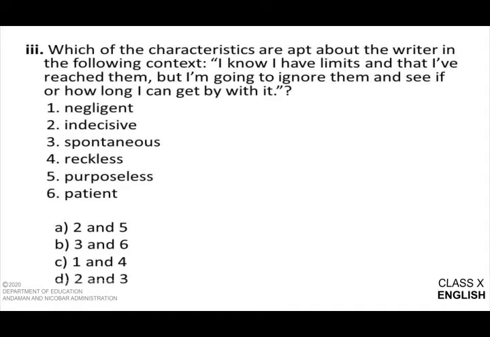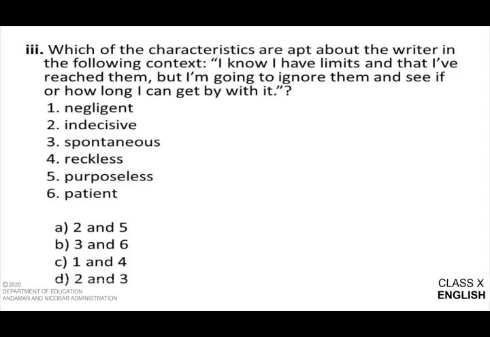See, two qualities have been taken together, children, in the options. See, option A is 2 and 5, 3 and 6, 1 and 4, or 2 and 3. Okay. So, here it will be option 1 and option 4. That means option C, negligent and reckless.